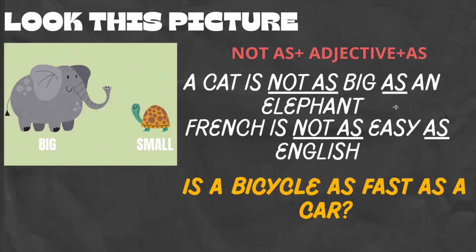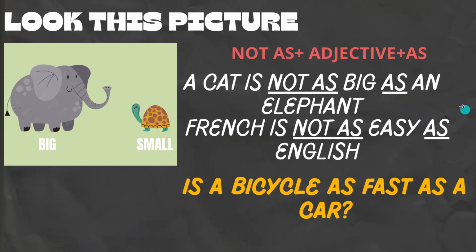As plus adjective, and not as plus adjective plus as, is when you are going to talk about things that are compared, but it isn't quality. Right, you're totally right.